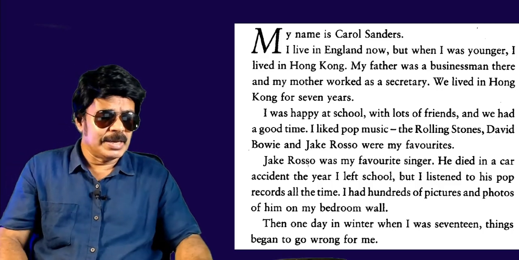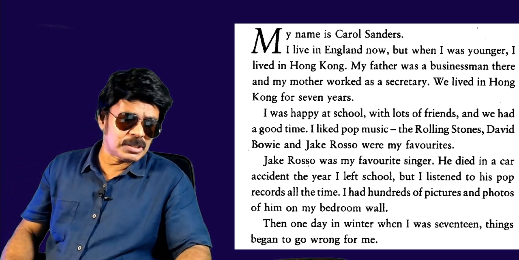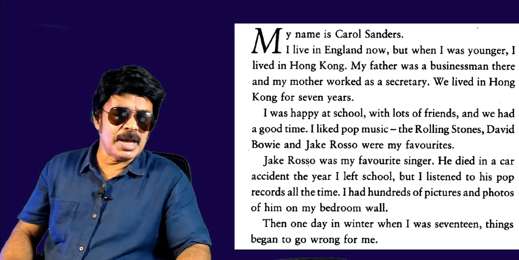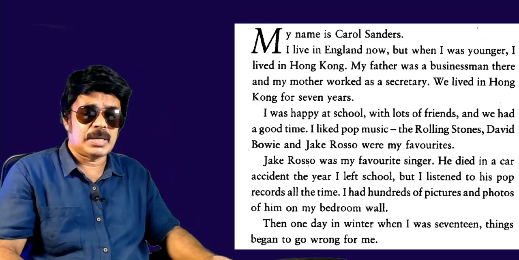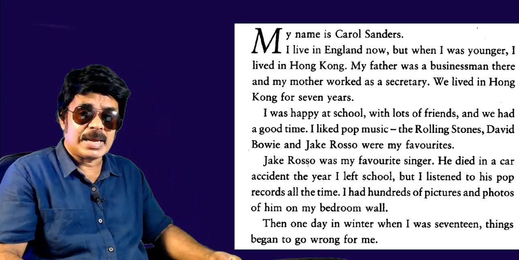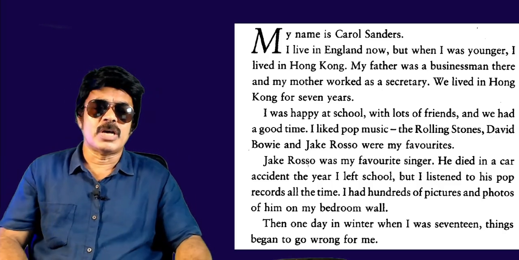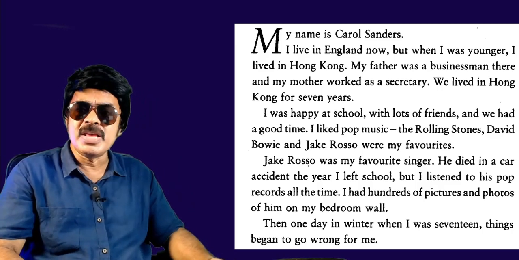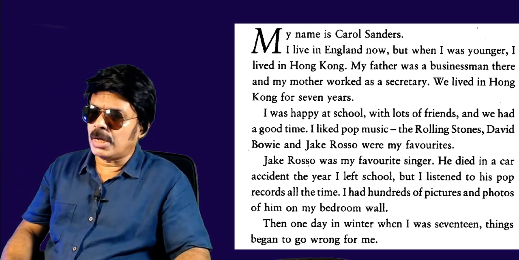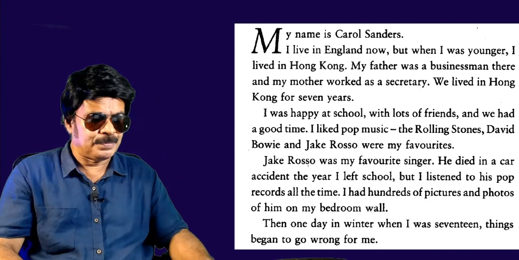Then one day in winter, when I was 17, things began to go wrong for me. Then one day, in winter, what is winter? Winter is the coldest season of the year between autumn and spring.